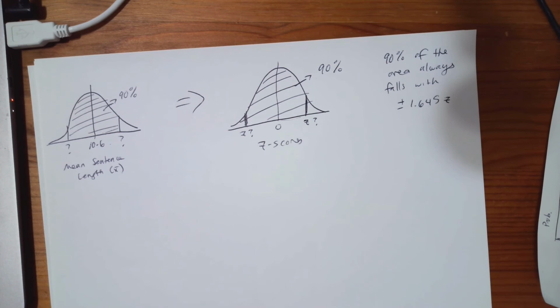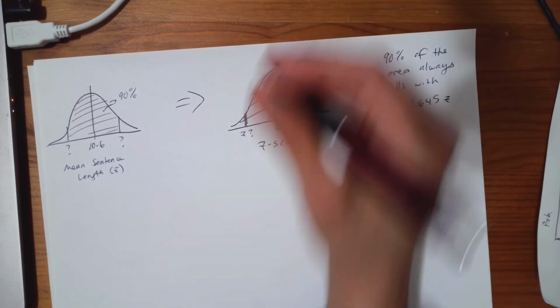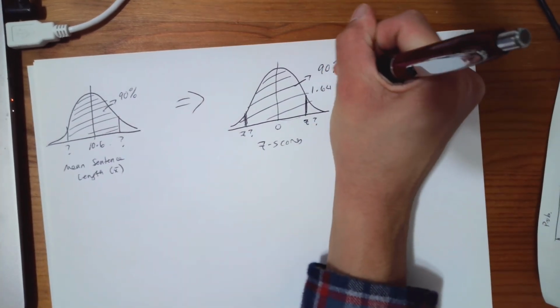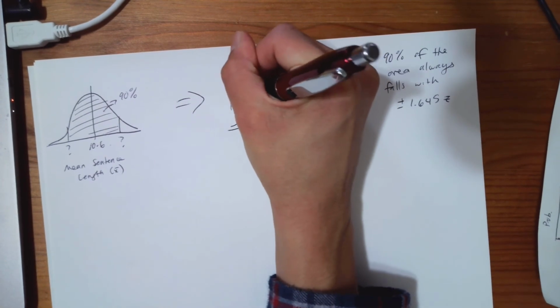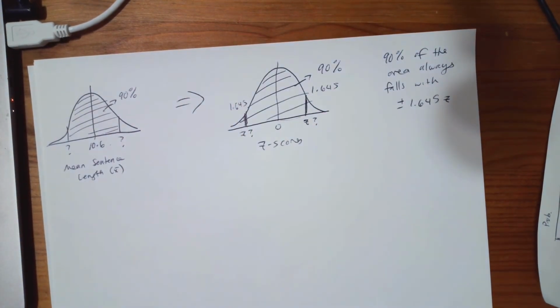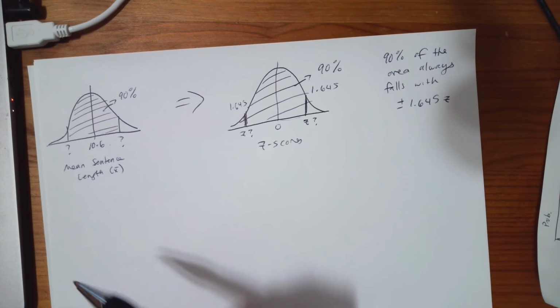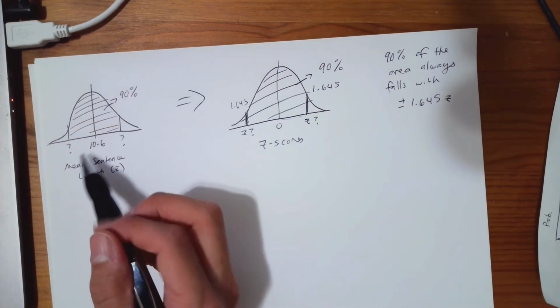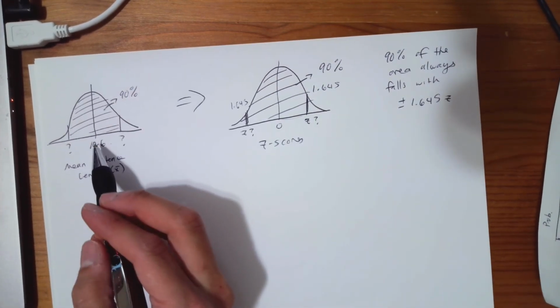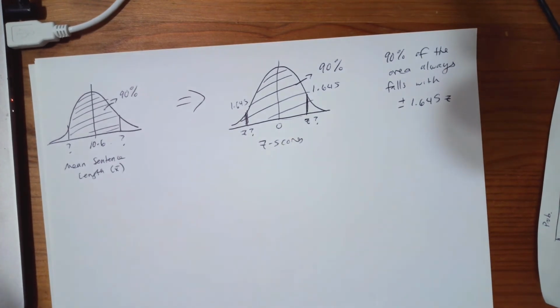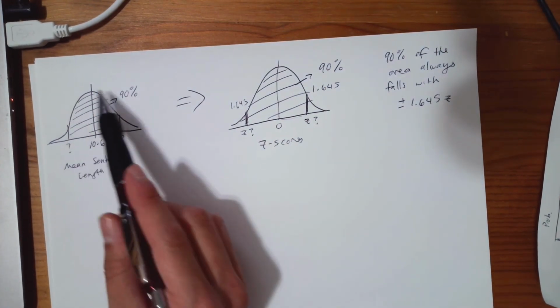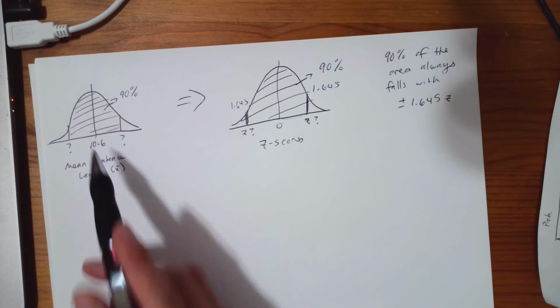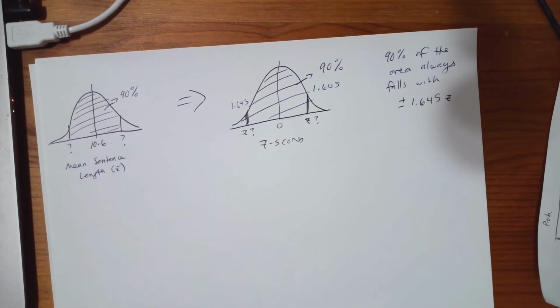So for our 90% confidence interval, we're trying to figure out which values on either side of our best guess here, our point estimate, correspond to a 90% probability of getting a value in this range.